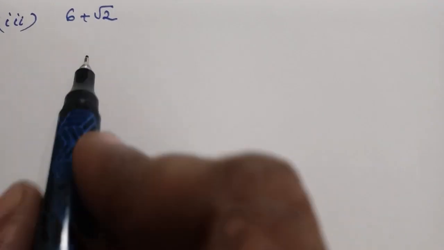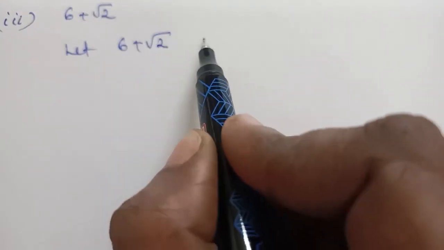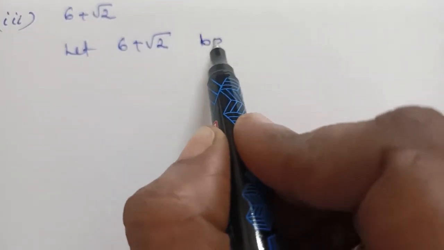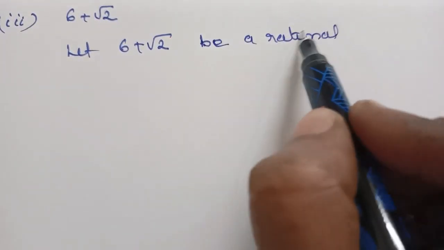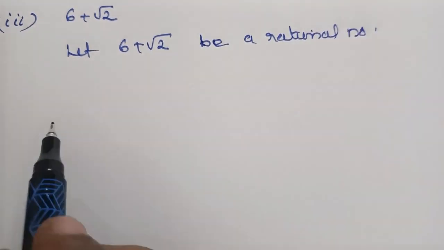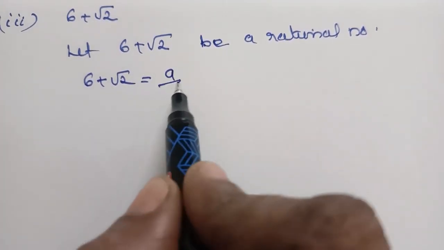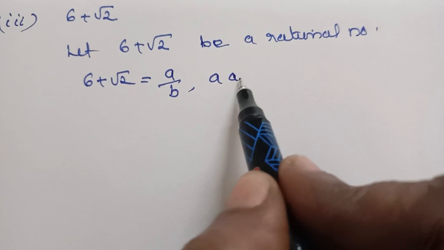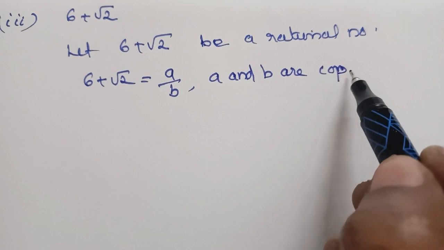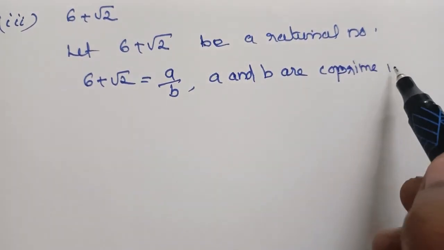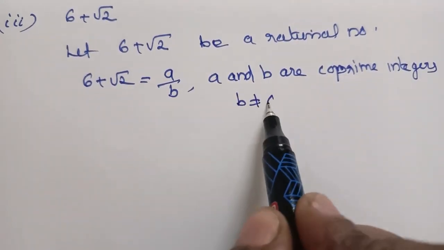Third one, 6 plus root 2. Let 6 plus root 2 be a rational number. Then 6 plus root 2 will be of the form a by b, where a and b are co-prime integers with b not equal to 0.